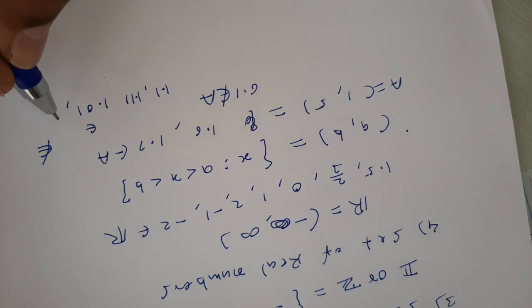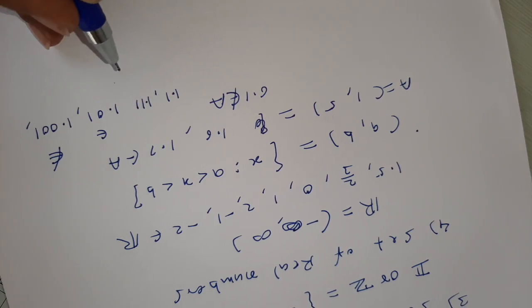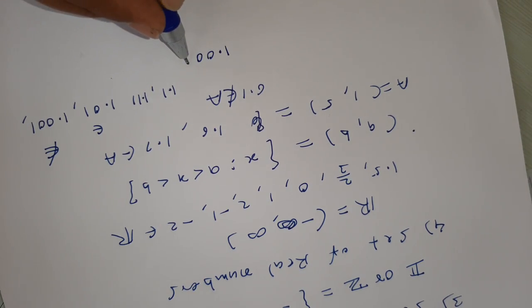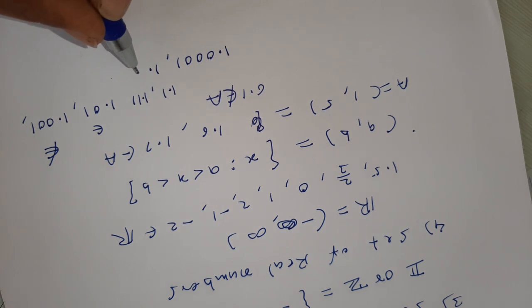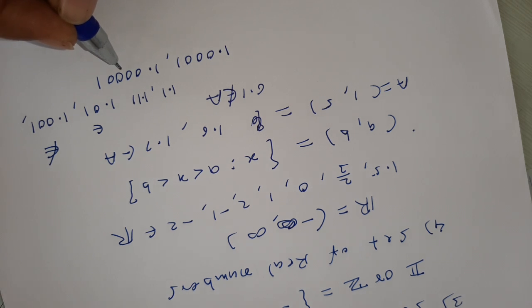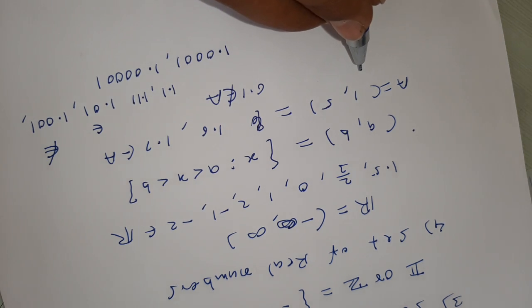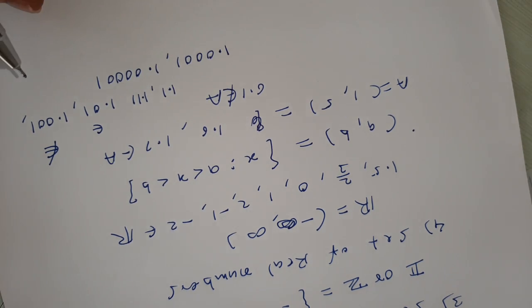These are all members of this set. We can write infinitely many, and therefore between every two numbers there are infinitely many numbers.